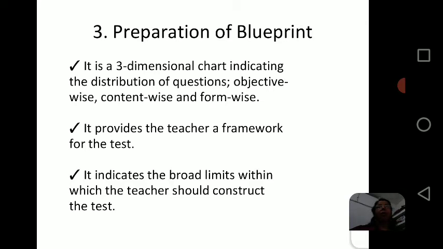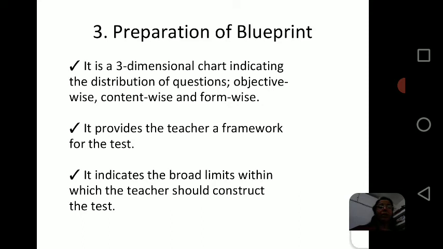We have discussed 4 aspects in the design, but we are including only 3 aspects in the blueprint. The difficulty level of the item is excluded from this blueprint. The distribution of questions objective wise, that means you have prepared a table depicting the weightage to different objectives.